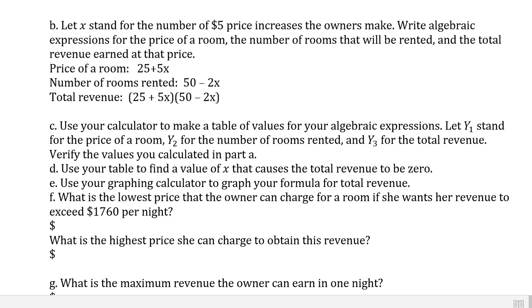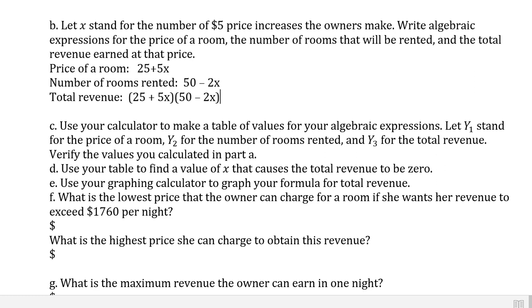Okay, so now we're going to use our calculator to graph the function and figure out the lowest price that the owner could charge for a room if she wants her revenue to exceed $1,760 per night.